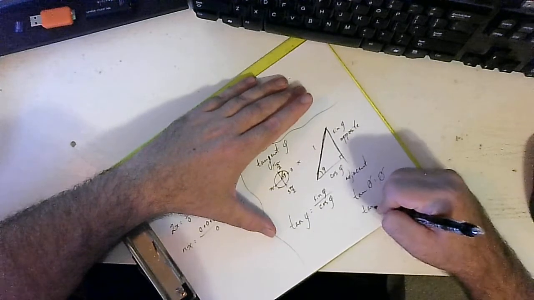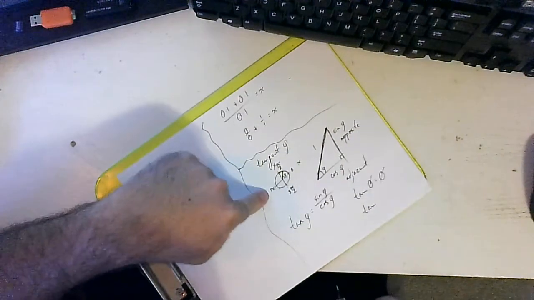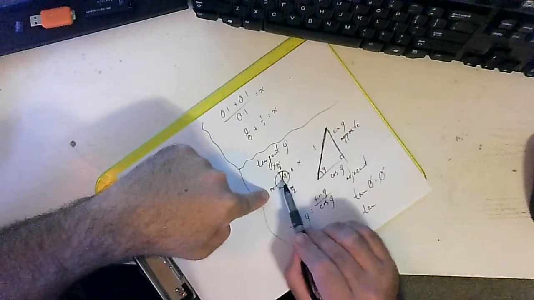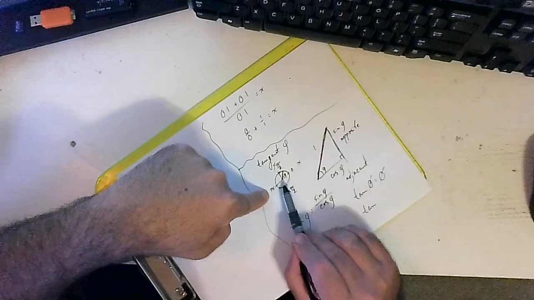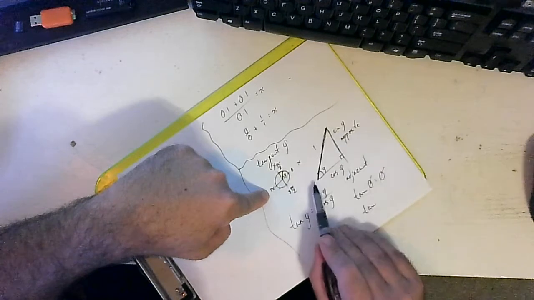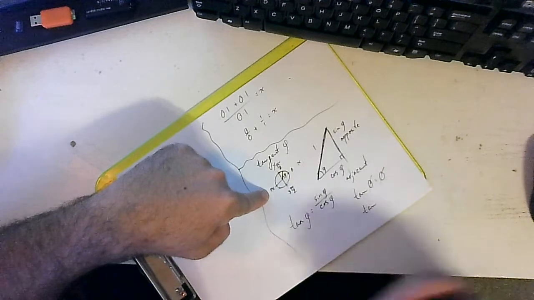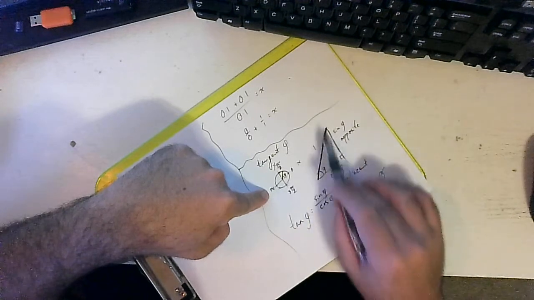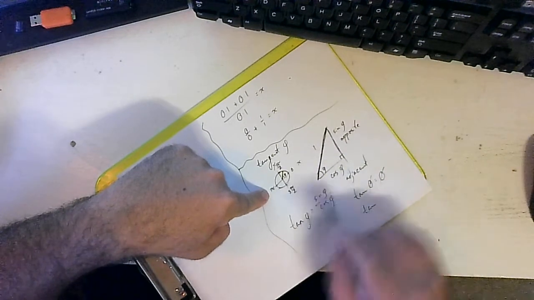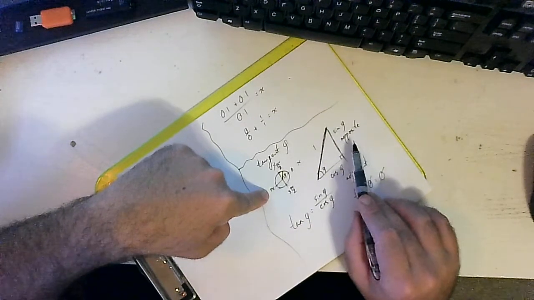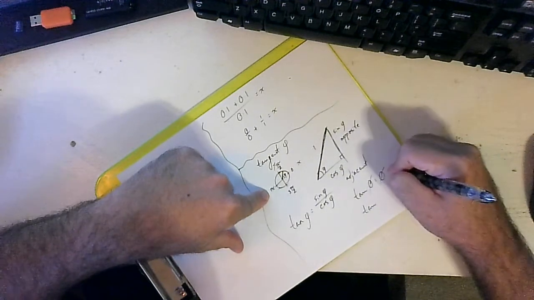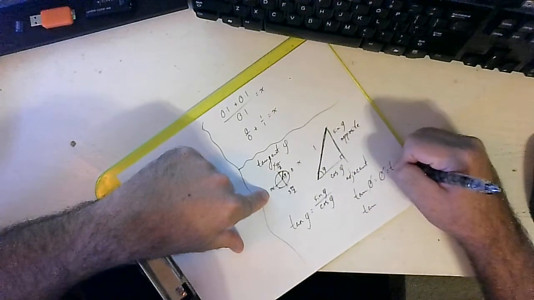Tangent of pi is going to be the same thing, right? Because we've got our length is 1, our adjacent side will be -1. Adjacent side is -1, our opposite side is 0. 0 divided by -1 is also going to be 0.